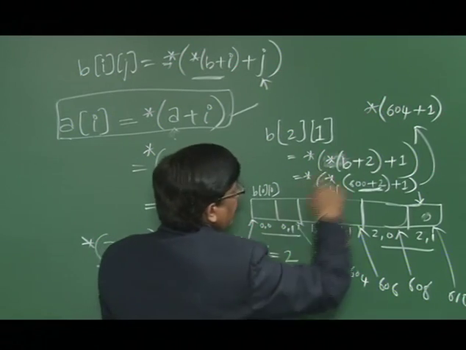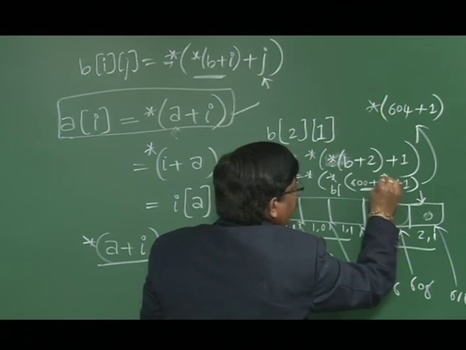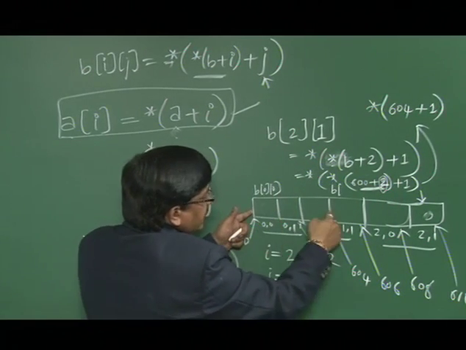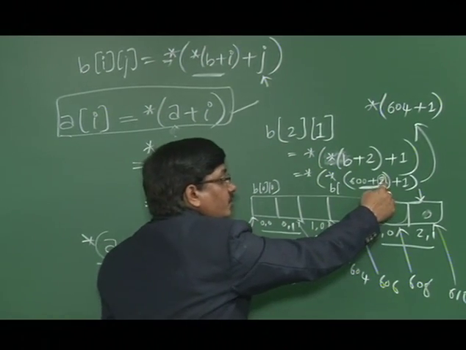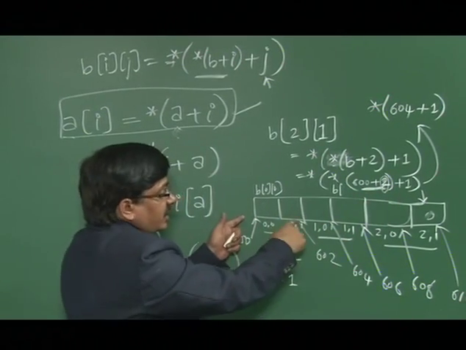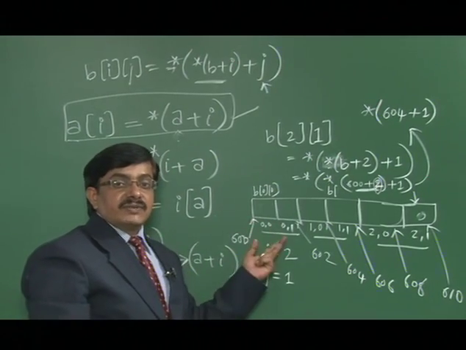So 600 gets added to the 2 here, but basically, each row has 2 elements. So it is not that 2 gets multiplied with 2, rather 2 gets multiplied with 4, because in each one-dimensional array I have 2 elements, and each element takes 2 bytes.